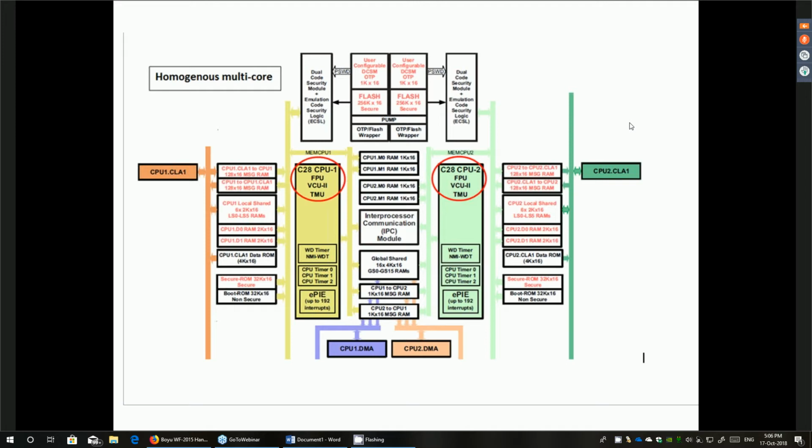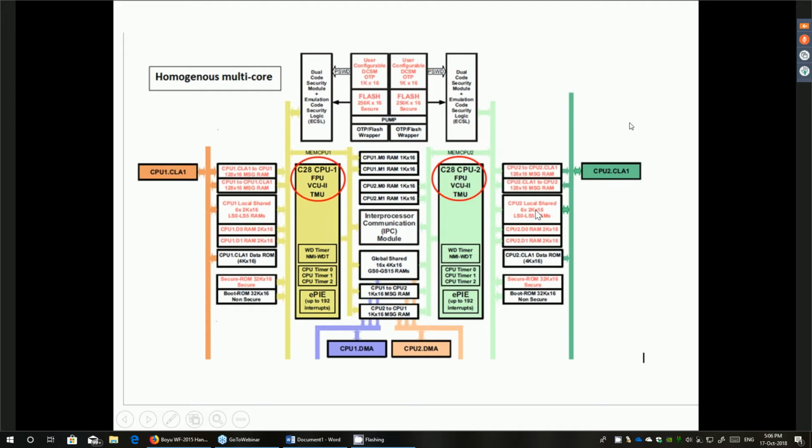So this is the block diagram of a microcontroller that is from our Delfino family. And you can see that this microcontroller has two CPUs, but both CPUs are of the same kind. Internally, we refer to them as a C28 CPU. So this is the homogeneous multi-core, right?